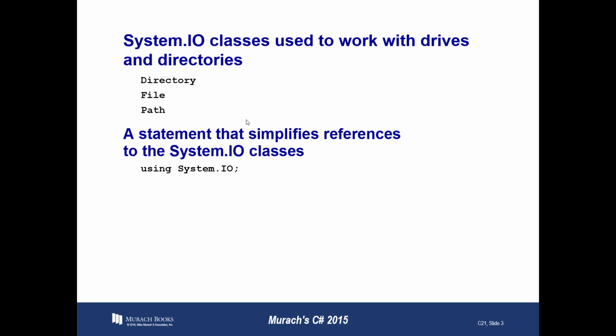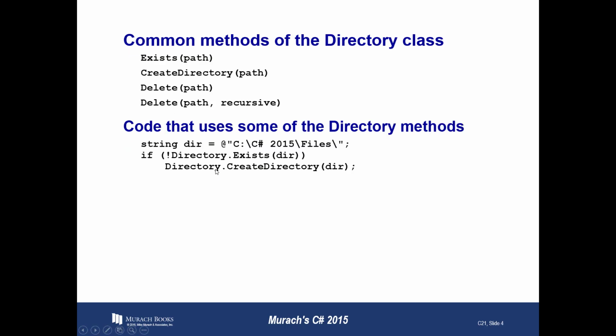There'll be a File class, which will allow you to work with files, and a Path class, which will basically show you an exact path to something. When you use this, you add a using statement, using System.IO, where IO, of course, is short for input, output.